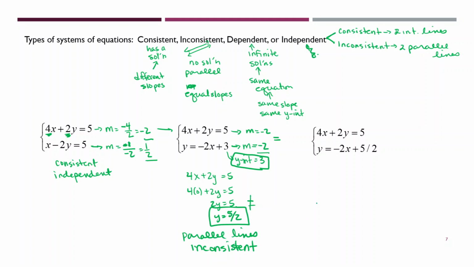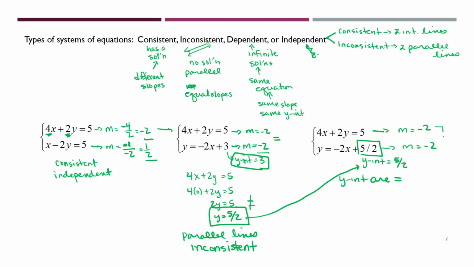Okay? And then finally, in this last set, I still have a slope of -2 for the top one. I have a slope of -2 in the bottom one. But now, look at my y-intercept here. So notice here, the y-intercepts are equal.